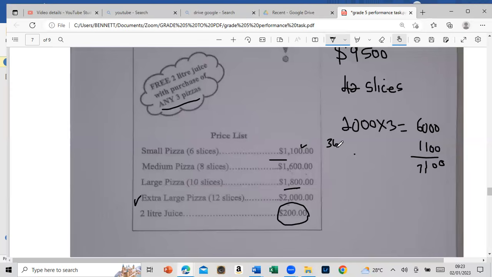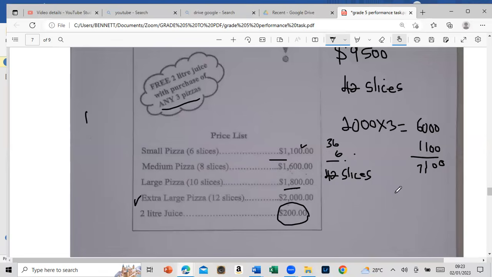So my pizza is accounted for, which is the 36 plus the 6, that gives me 42 slices. However, let's see if we have enough money to buy the juice. Remember, because I bought 3 of the pizza, I get 1 bottle free. So I have 1 bottle. So I only need 10 more bottles of juice. So we're going to see if we have $2,000 to buy the 10.